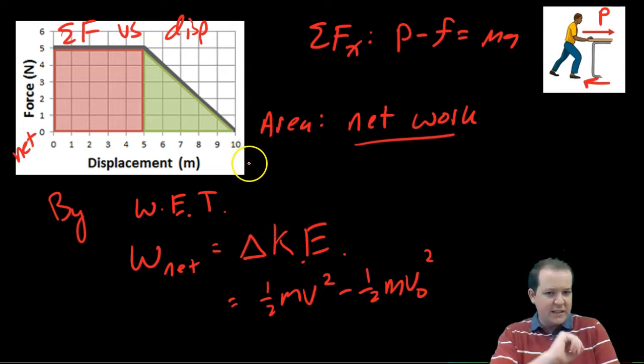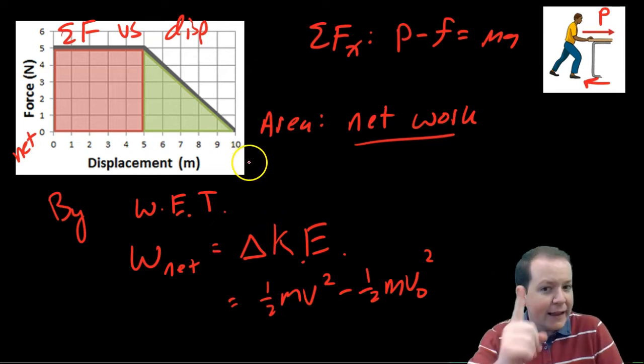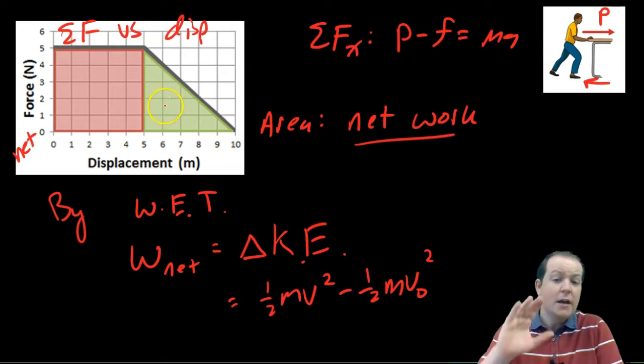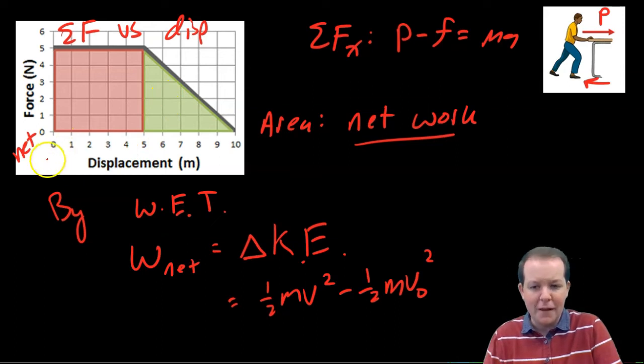So really what's important, it's kind of two levels. What's kind of important, do you recognize that the area under the curve is work? Okay, if you remember that, pretty good. But even better, the area under the curve, if this is a net force graph, that's the change in kinetic energy. I'm going to write it like this, the change in kinetic energy.